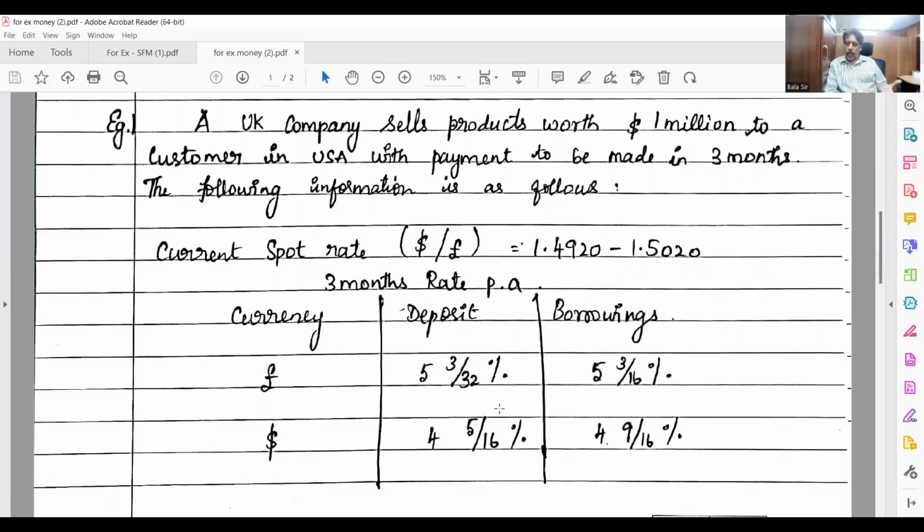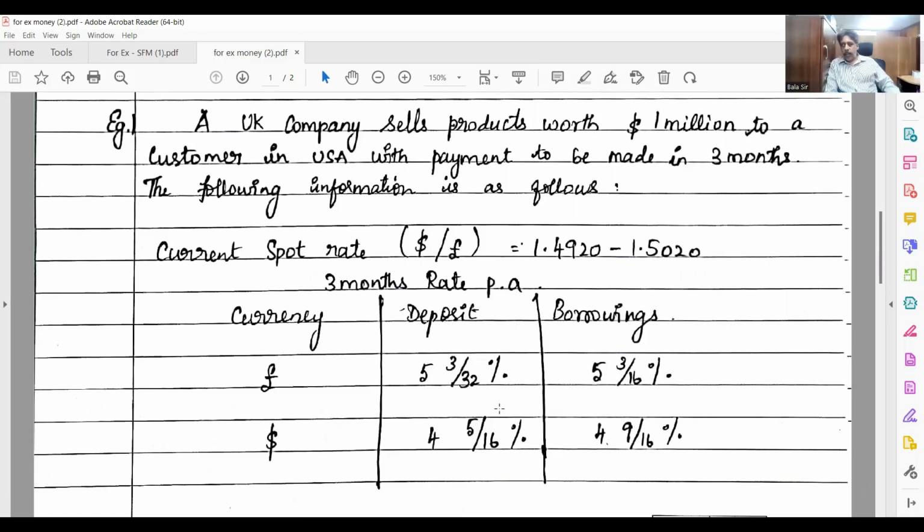Remember, it is a UK company exporting goods to USA. So what is your local currency? Pound sterling, right? Yes, sir. GBP is your local currency, or you can say home currency. And the foreign currency involved is the US dollar.